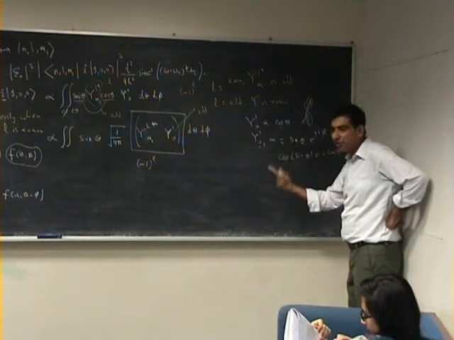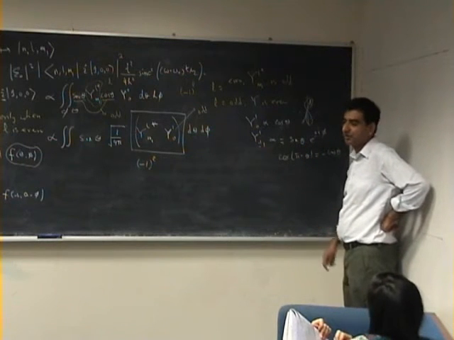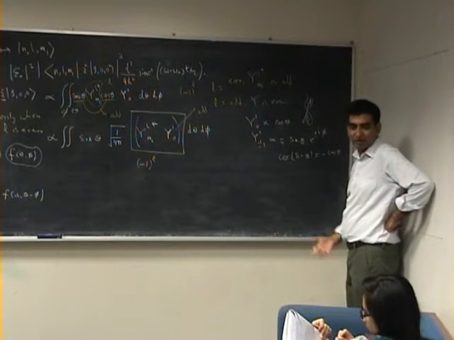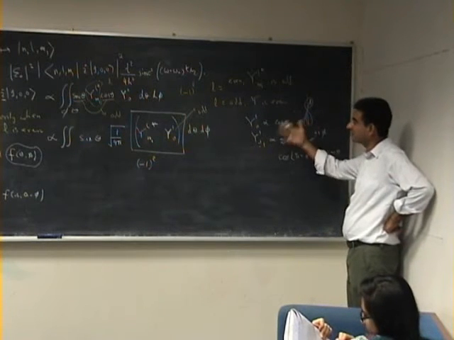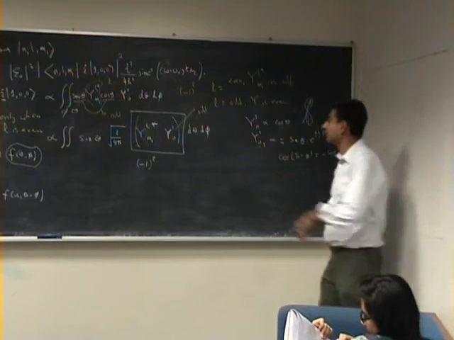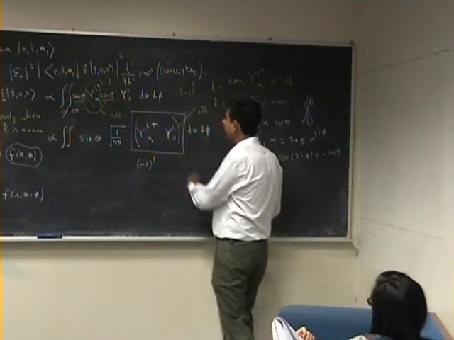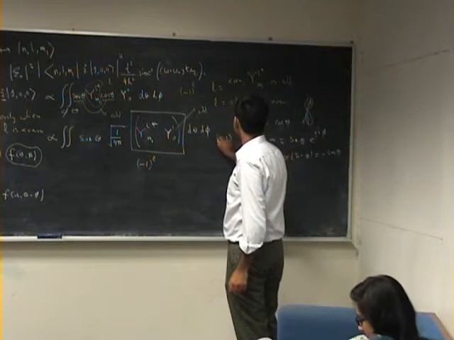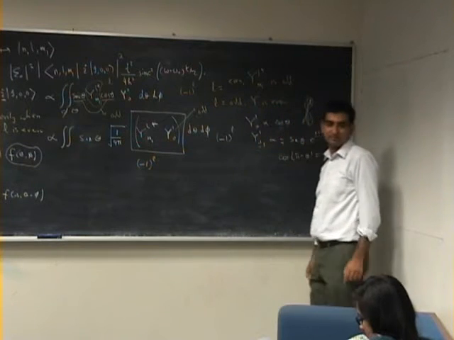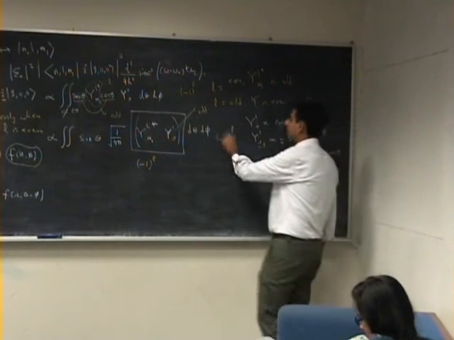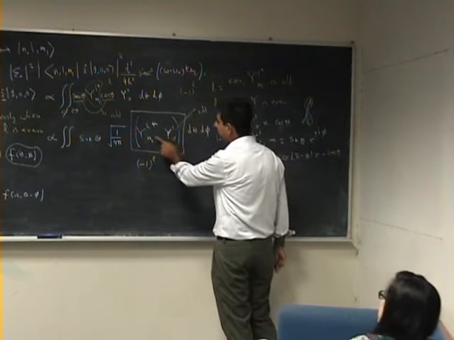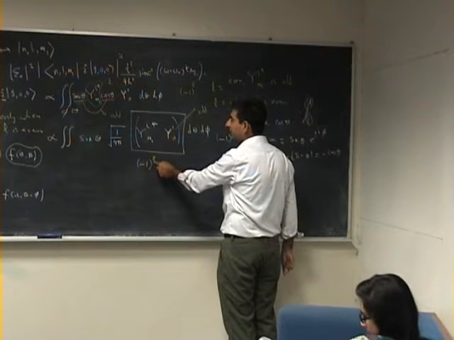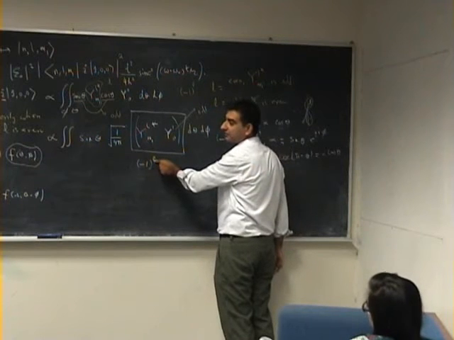So cosine theta is an odd function with respect to the parity operator, and we're talking about parity operations. That was not the conventional thinking that it is an even function. So this is an odd function. The parity of any spherical harmonic function is determined by the term -1 raised to power l. So here l is 1, so this is the negative term. This is an odd parity function.